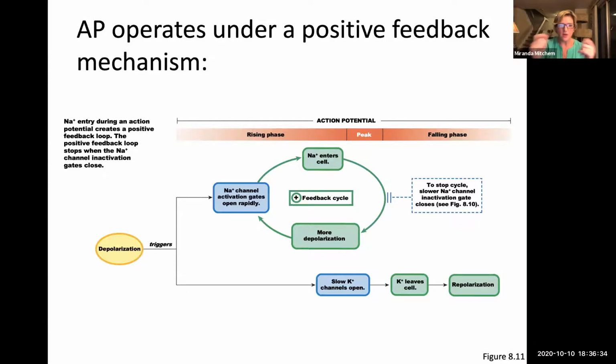So the opening and closing of many of these gates is tied to the potential of the cell at that time. So to stop the cycle, we need something else to stop it. So the closing of the gate is under a different control mechanism to stop it. Something outside of the system is necessary to stop a positive feedback loop.